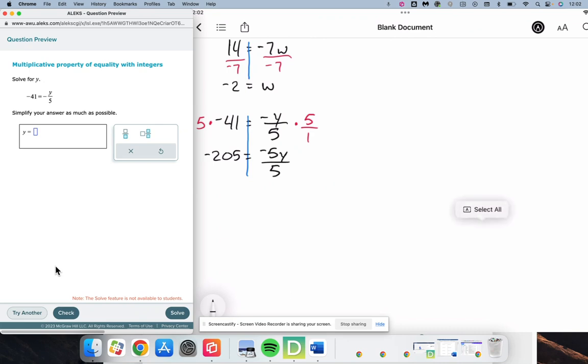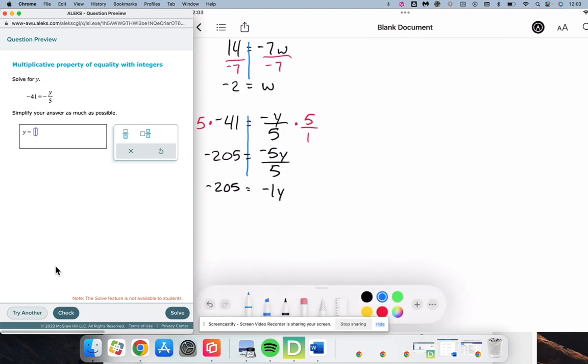Now we need to simplify that fraction on the right. Negative 5 divided by 5 is going to be negative 1y. We do not want the value of negative y. We want the value of positive y.